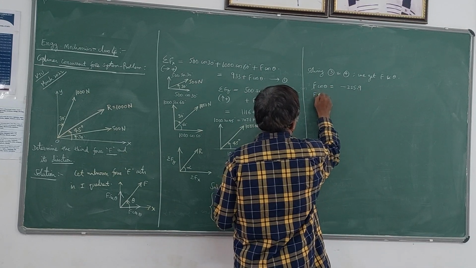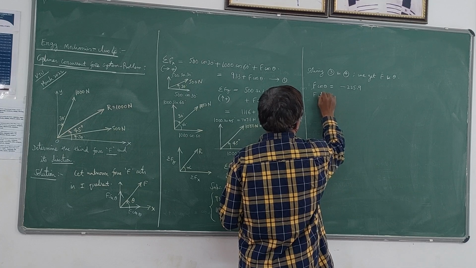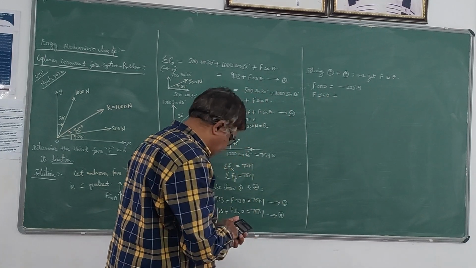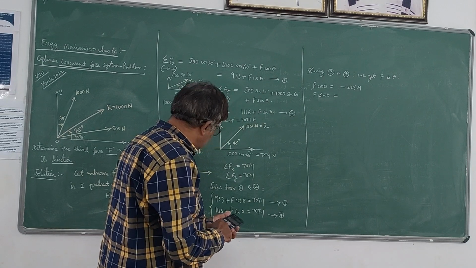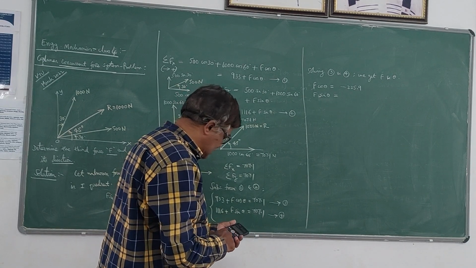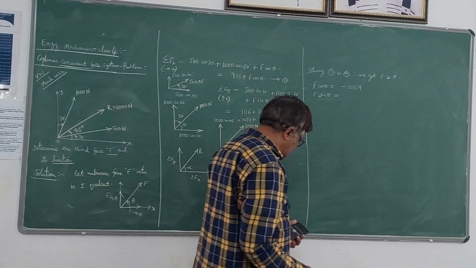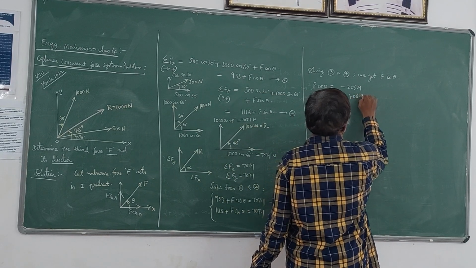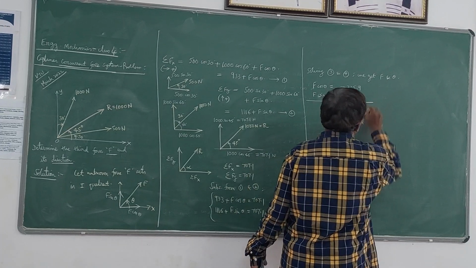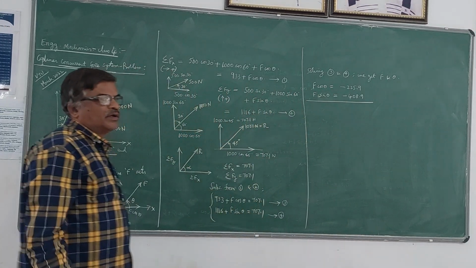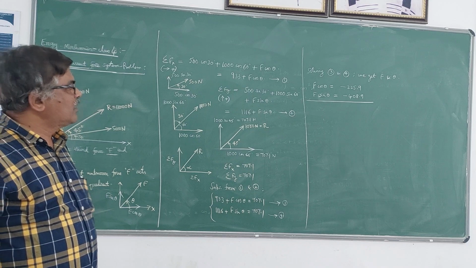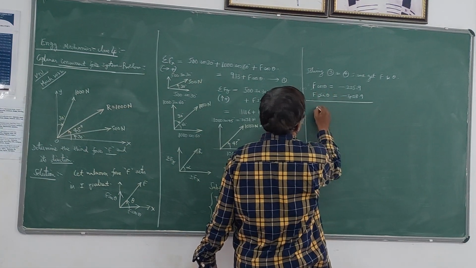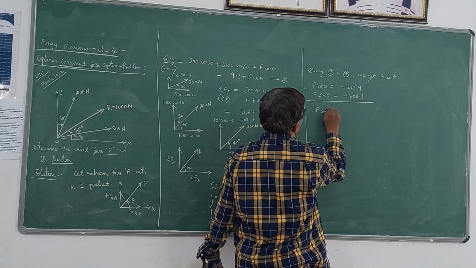Similarly, from the fourth equation, F sin theta is equal to 707.1 minus 1116, which comes out to be minus 408.9. Now once you get a system of equations like this, F cos theta and F sin theta, by dividing F sin theta by F cos theta, you can get tan theta. So that is how we have to solve.